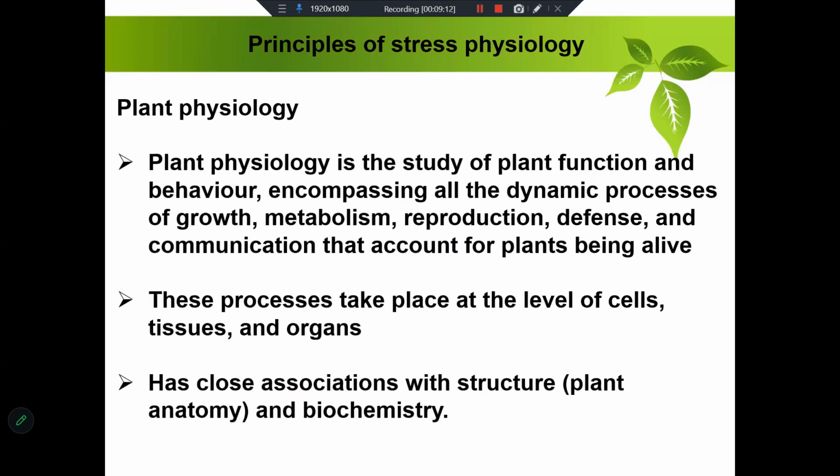For a particular physiological process, there are structural adaptations in the plant cell, plant tissue, and also the plant organ. Usually physiology is a very logical subject. It's not like anatomy or any other thing, so you don't have to remember everything by heart.